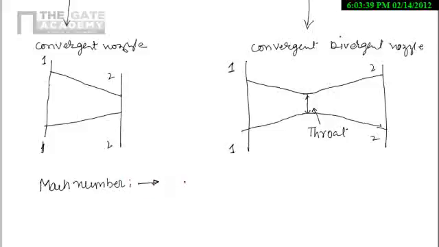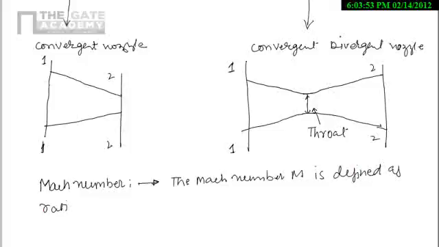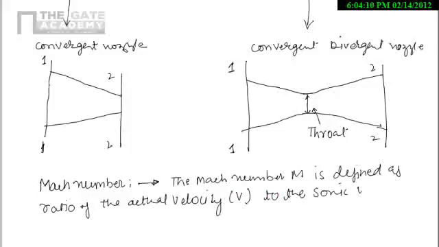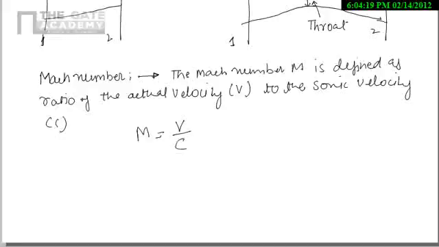The Mach number M is defined as the ratio of the actual velocity v to the sonic velocity c. So M is nothing but v by c.